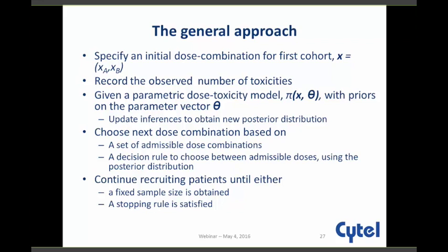Then the inference will proceed from this posterior distribution, and we will choose the next combination based on initially identifying a group of admissible dose combinations, and then among these admissible dose combinations, we use certain decision rules, which differ depending on which of the 2 methods you're using, to choose between them using the posterior distribution. And we continue recruiting subjects until either a fixed sample size is obtained or a stopping rule is satisfied.